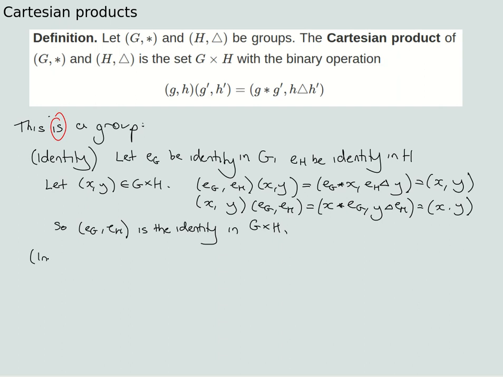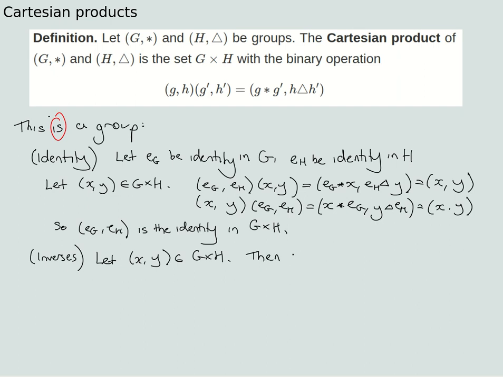Let's check inverses. For the inverse axiom, I have to show that every element of G × H has an inverse. So let's pick an element (x, y) in G × H. And of course there's an obvious candidate for what the inverse should be. The inverse should just be (x⁻¹, y⁻¹).